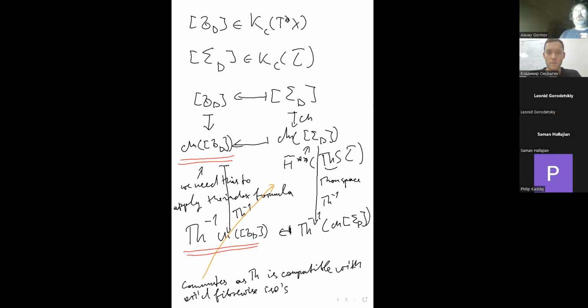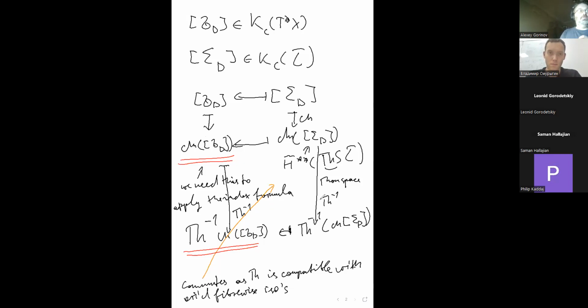The pullback under what? Well, let's call this map F. It deserves a name. And the pullback under F upper star.